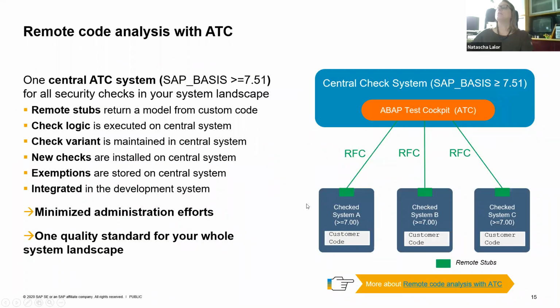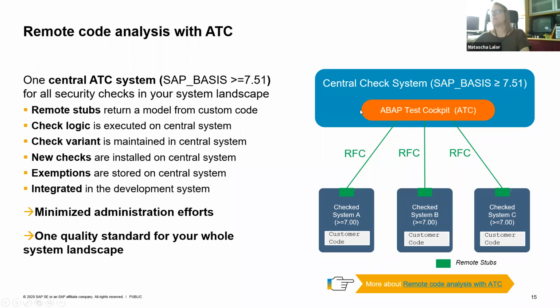Just very quickly on news and ABAP Test Cockpit. This is more ABAP Test Cockpit rather than the actual code vulnerability analyzer. It's basically that you can now have, well, I would say from 7.5.2 onwards, the availability of using a centralized ABAP Test Cockpit or code vulnerability analyzer to scan remote systems. So that's actually quite nice. So you don't have to configure the ABAP Test Cockpit for each of your development systems.